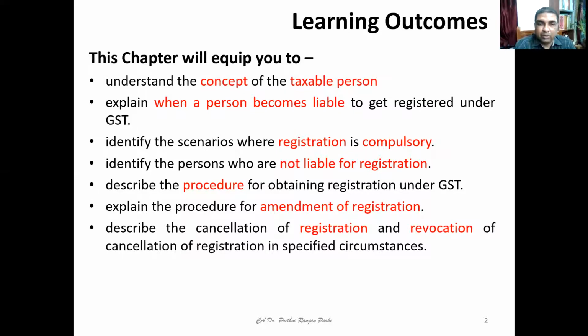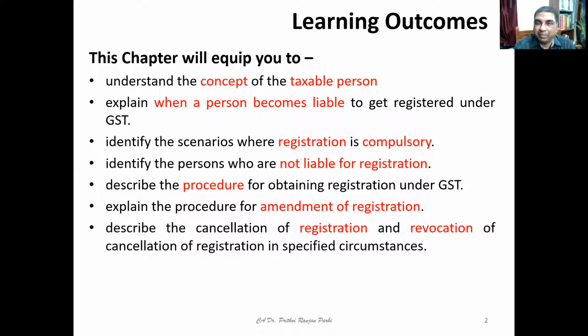Then we'll be explaining scenarios where registration is compulsory. Then identifying the persons who are not liable for registration. That concept also we will be learning. I'll also be describing the procedure for obtaining registration under GST. And once registration is obtained, how to amend it. Let us say you have registered for a particular trade.